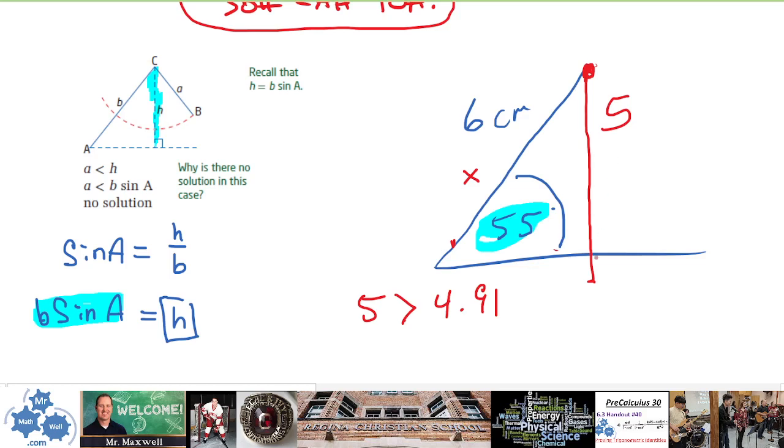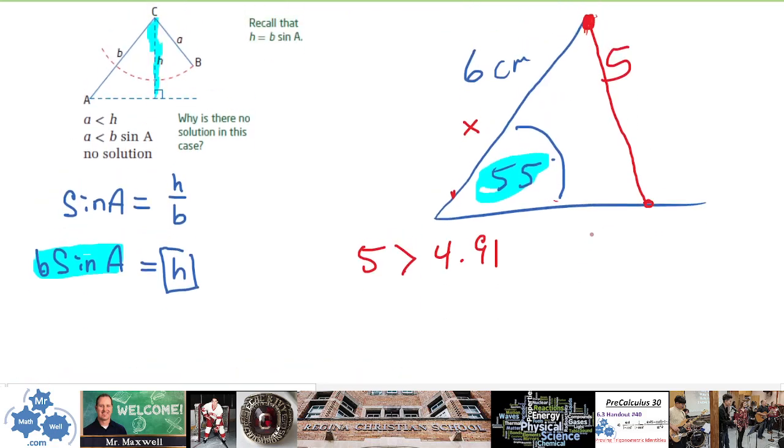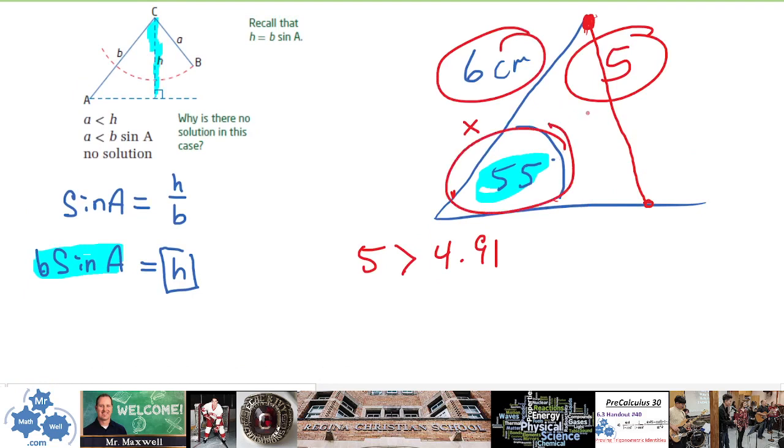And so what happens is I would take this and say, okay, if this is the length it has to be, I would have to swing this side over, and here's what it would look like. Now this is 5. You see that? So I could make a triangle that's not a 90-degree triangle, but it would look like this. The problem is that I can form more than one triangle with these given requirements or criteria.